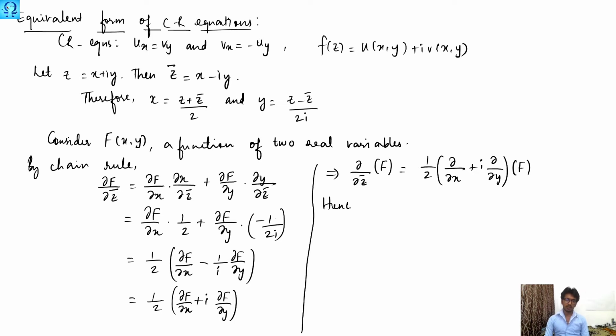Hence, we conclude that del upon del z bar is half times del upon del x plus iota times del upon del y.